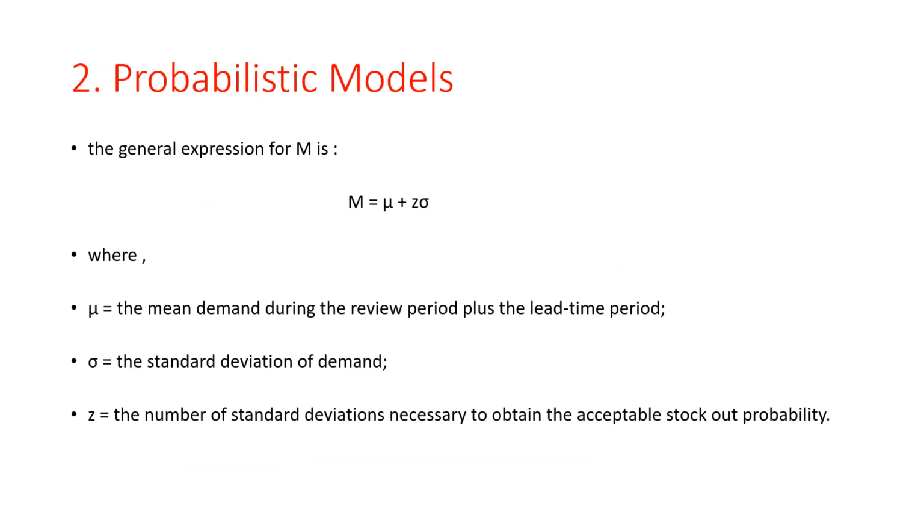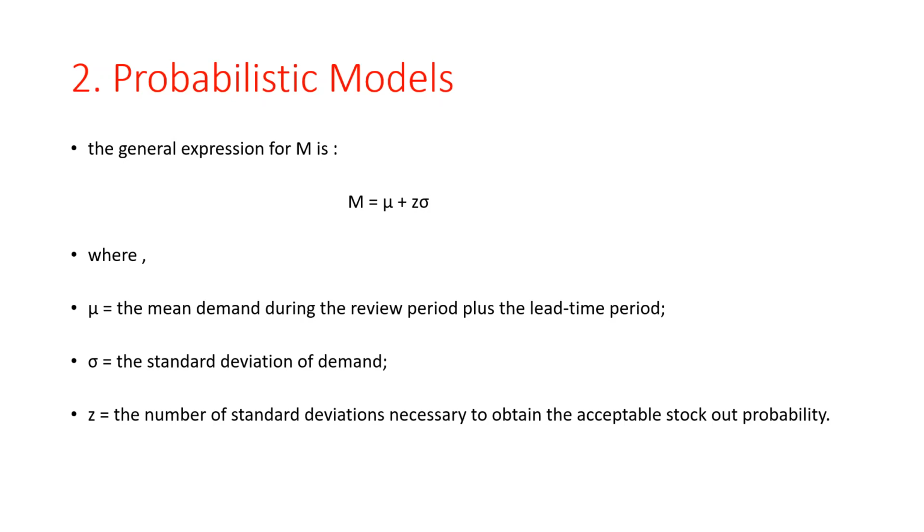If the demand during the review period plus lead time can be expressed by a normal probability distribution, then M = mu + z sigma, where mu is the mean demand during the review period plus the lead time period, which we discussed in the second type of probability models. Sigma is the standard deviation of demand, and z is the number of standard deviations necessary to obtain the acceptable stock out probability.